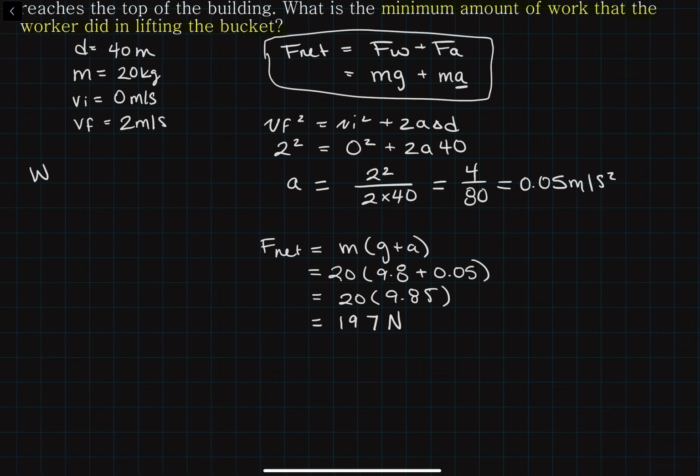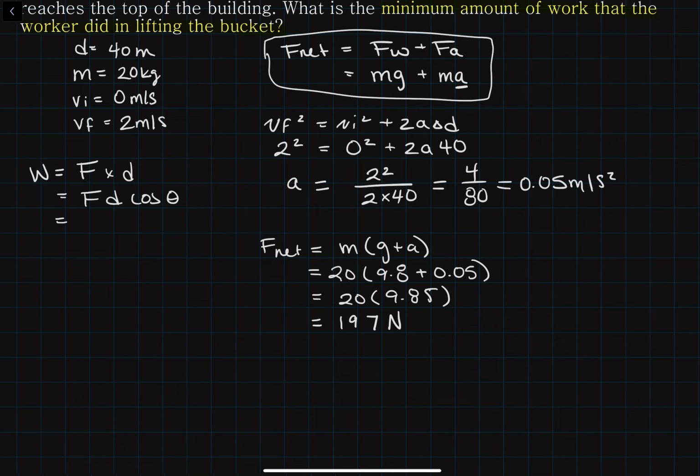So our work is going to equal the force times the distance. So it's actually force times distance times cos theta, but our theta is 0 since it's just going in one direction.